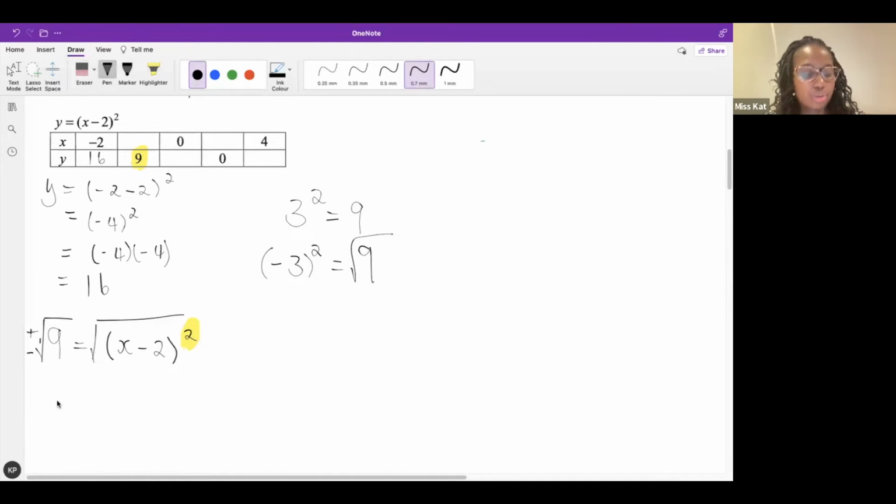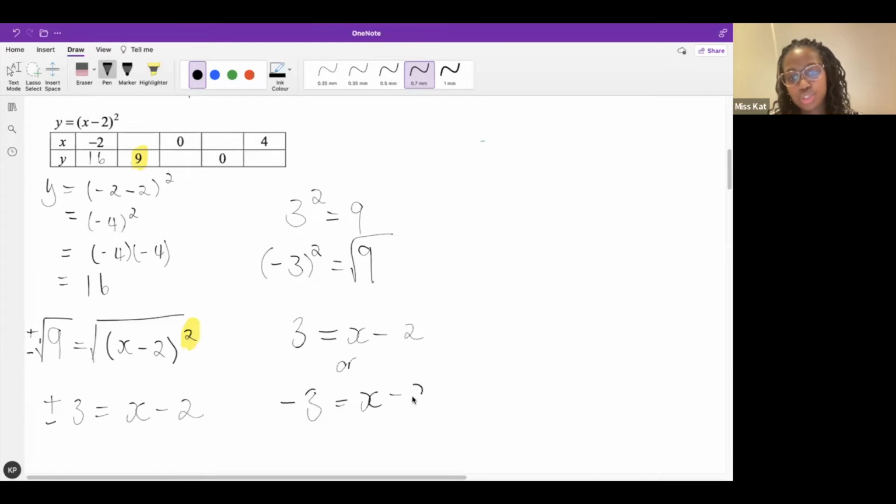So plus or minus 3 will be equal to x minus 2. Now what do I do with this 2 to get rid of it? Maybe I should write them as 2 different things because people might be confused. So what this means is 3 is equal to x minus 2, or negative 3 is equal to x minus 2.